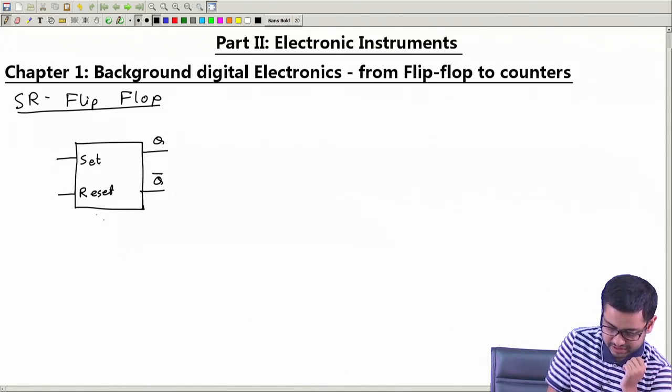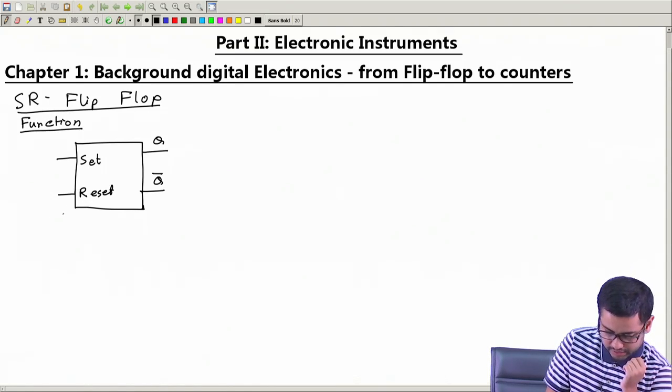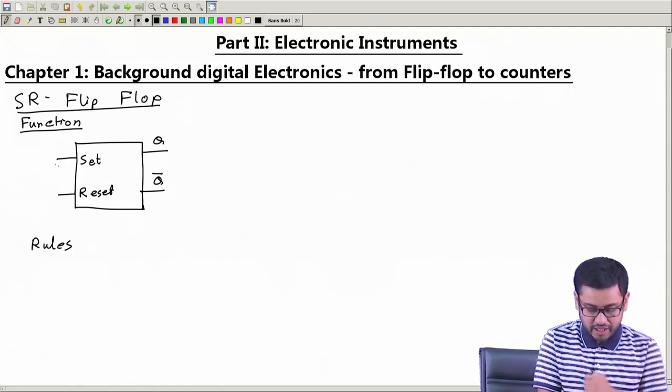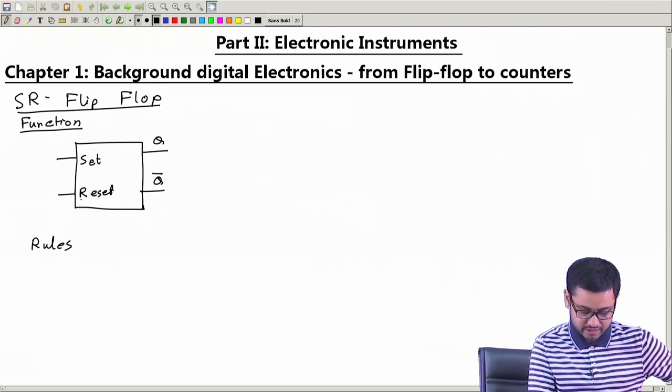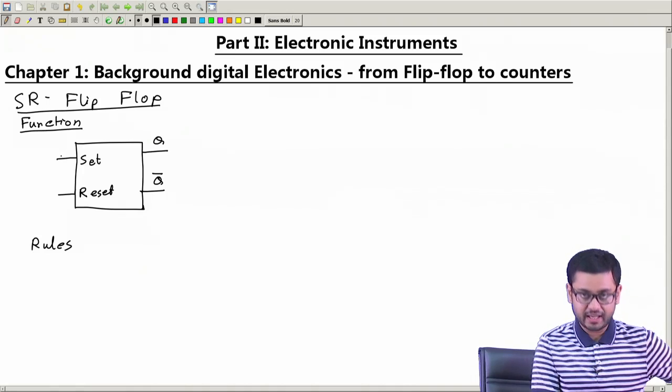How does it function? Let me write the rules. This is a digital circuit. Therefore, the inputs can be only logical high or logical low, true or false.